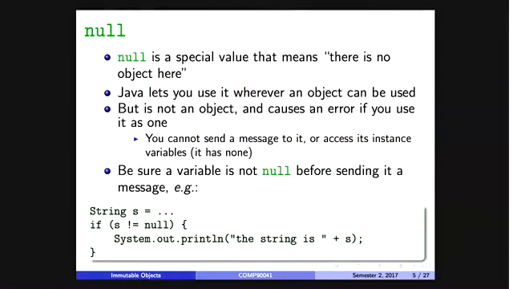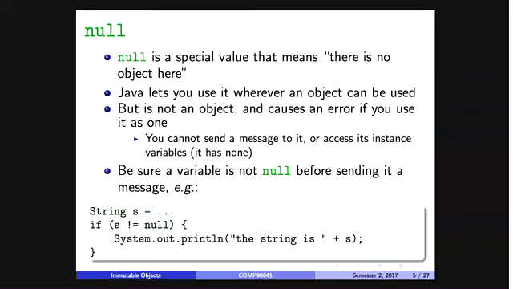Java also has a special thing. I'm not going to call it an object because it is not an object. But you can use it wherever you could use an object. But if you do, you may crash the program. So we have to be a bit careful of this guy, but it's called null.